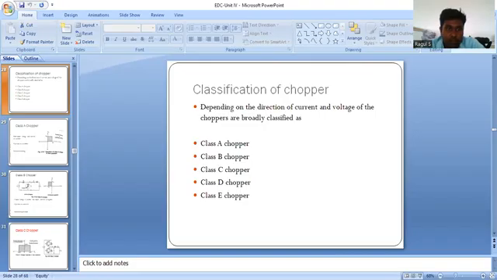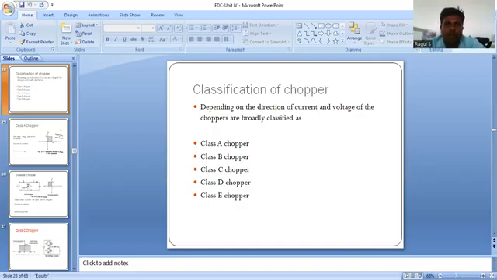In the third quadrant, output current and output voltage are both negative, that means reverse motoring, compared to the first quadrant where both are positive. In the fourth quadrant, output current is positive but output voltage is negative. Depending upon this polarity, we get different types of output voltage and output current from the chopper.